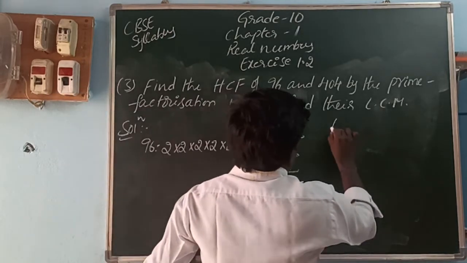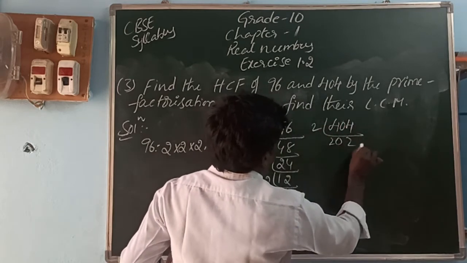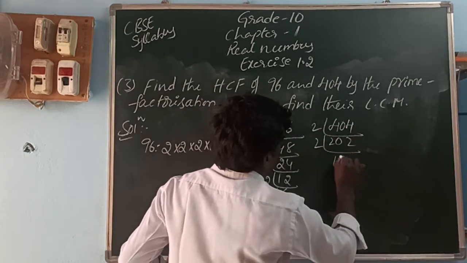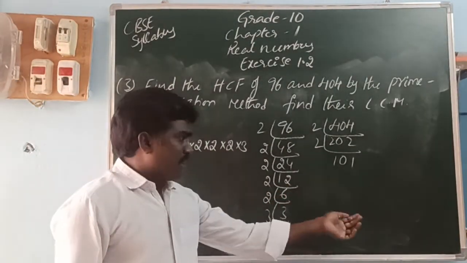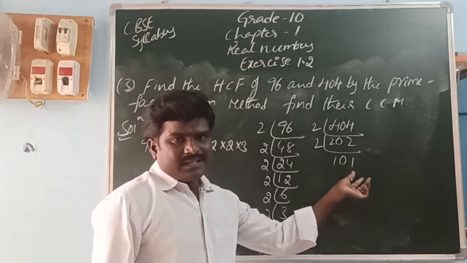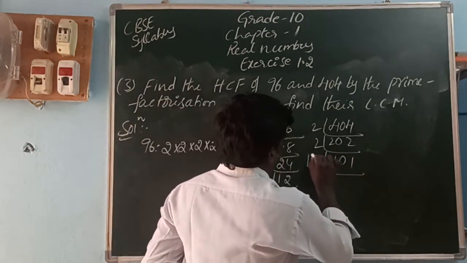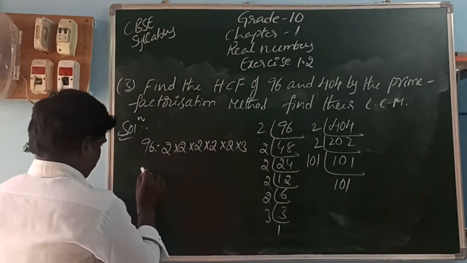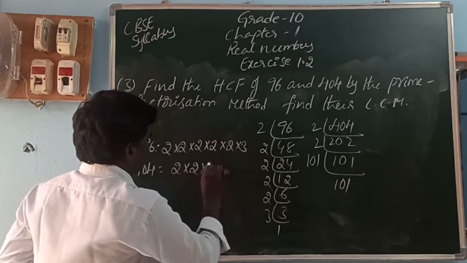Next 404: 2 202s are 404, 2 101s are 202. So 101 we cannot write as a product of prime factors. Why? Because it is a prime number. It is the least 3-digit prime number. So 404 we can write as 2 into 2 into 101.